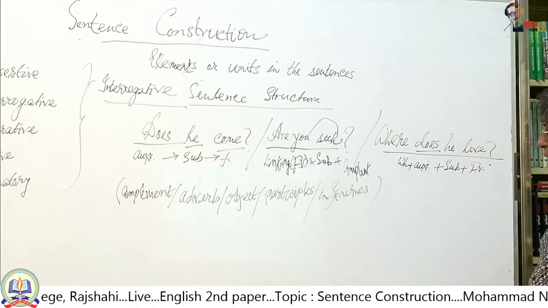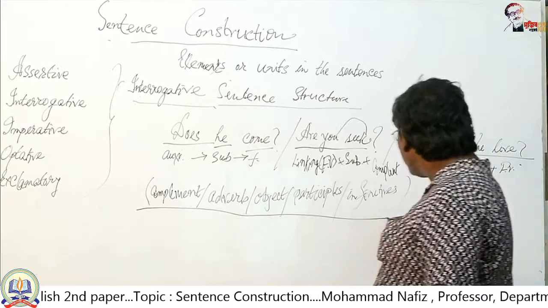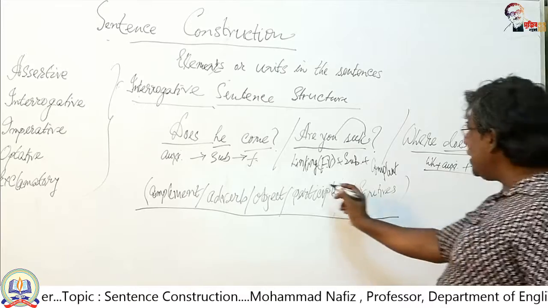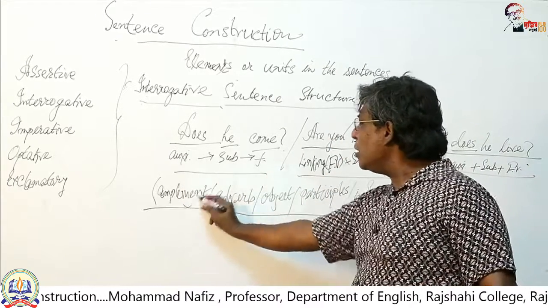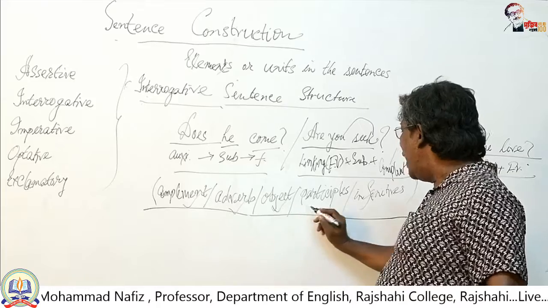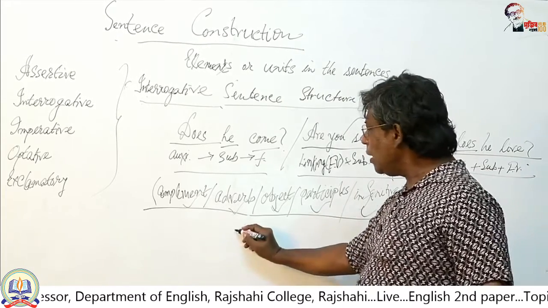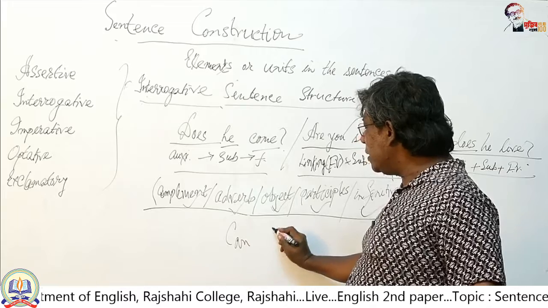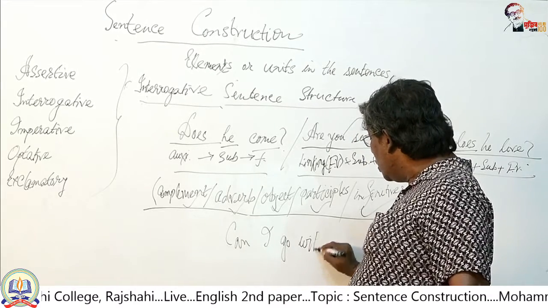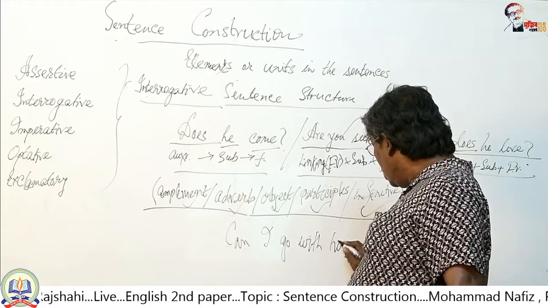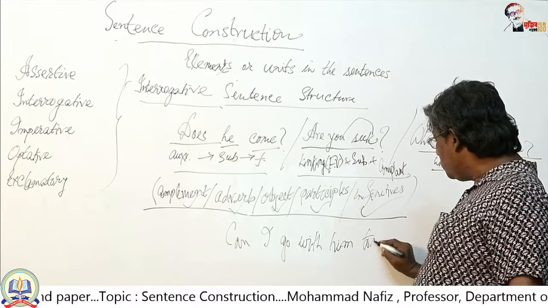And in all the interrogative sentences, after these units there may come one or more of these elements. For example, can I go with him tomorrow?